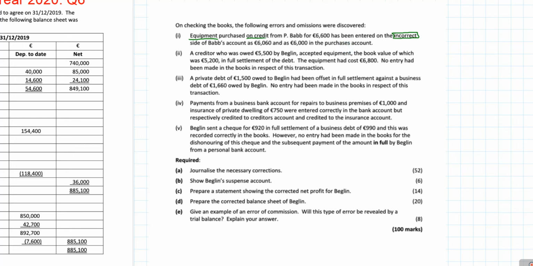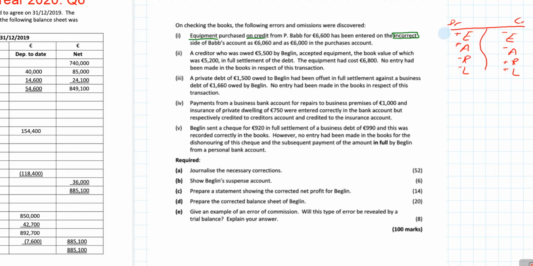So the first thing I'll do anyway is I'll get out Earl. This is the first thing we should be doing in nearly every question at this stage. So we have our T account and we have Earl. So what that means is that everything on the debit side looks like this.